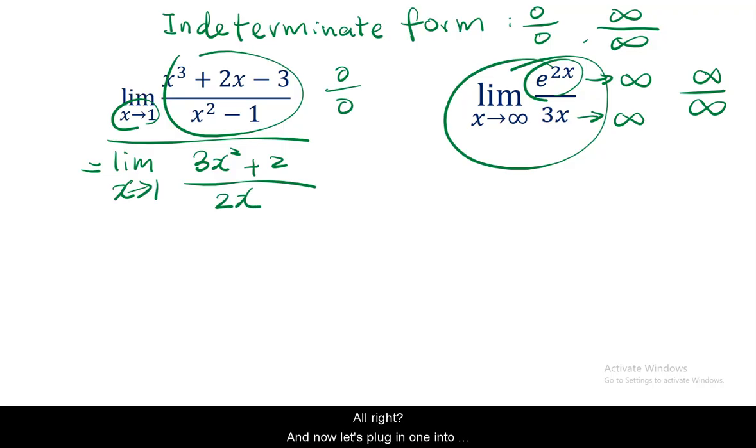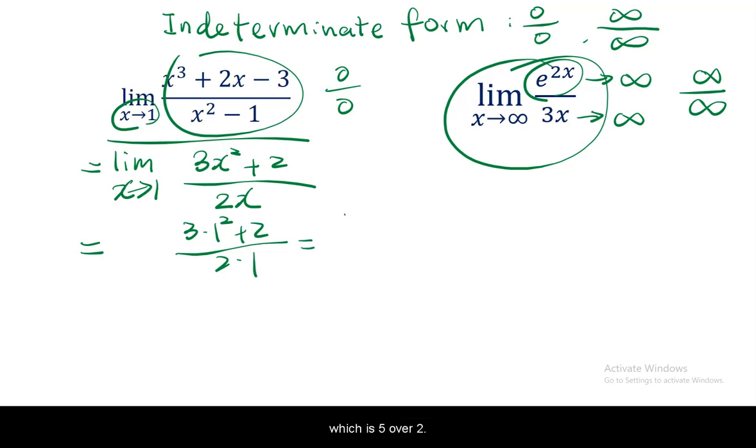Now let's plug in 1 into this expression. You have 3 times 1 squared plus 2 over 2 times 1, which is 5 over 2. That will be the result for this limit.